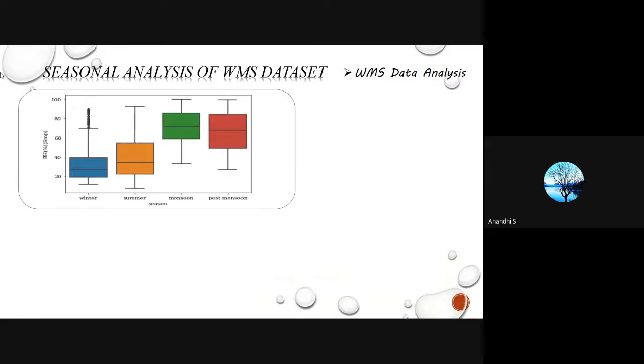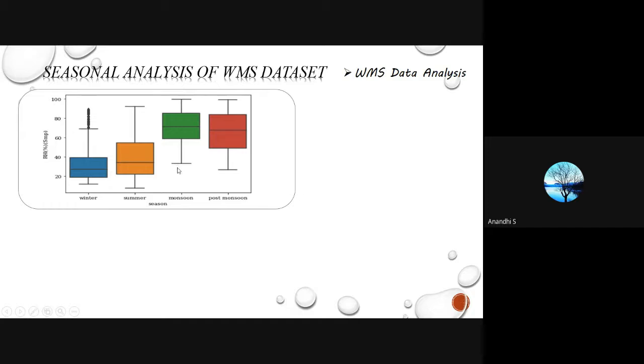This one is the box plot. I have studied the relative humidity value, so in winter season this is the range, which varies from below 20 to nearly 75. Some data are scattered, and we can see that monsoon and post monsoon are comparatively high when compared to this.